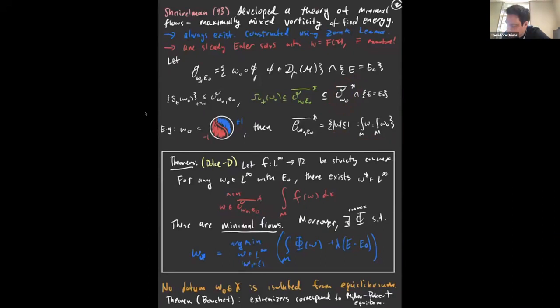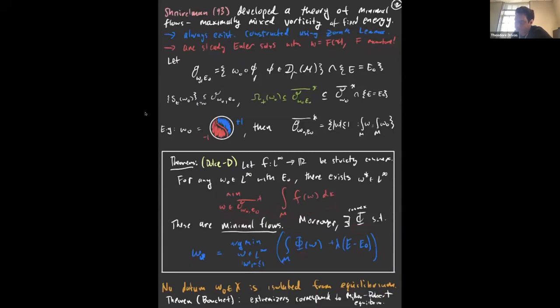And what Michele and I prove is if you take any strictly convex function f that you like, and any initial data bounded with energy E0, then there always exists a minimizer in this set of mixed vorticities with equal energy of a Casimir defined by that f. These minimizers are maximally mixed flows. And moreover, you can effectively find a Lagrange multiplier to make this variational problem not over this funny set, which is very complicated, but over an unconstrained space L infinity by finding a suitable convex function.